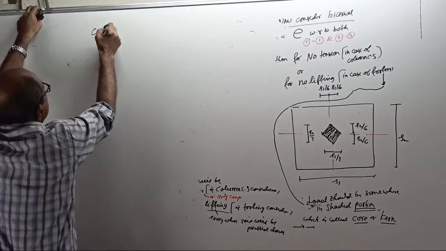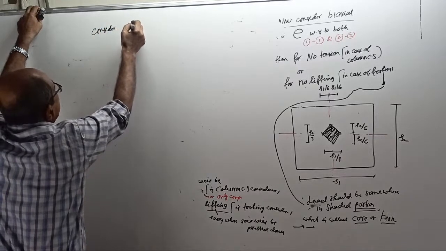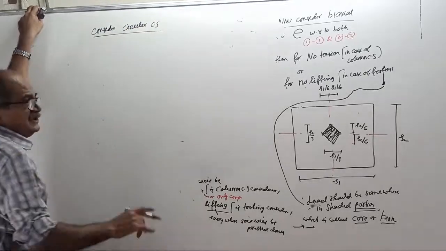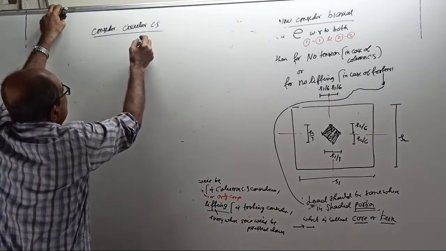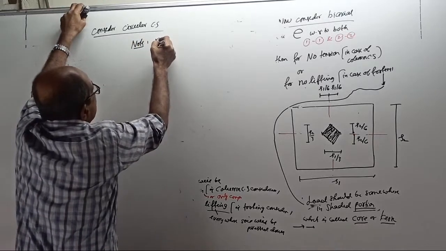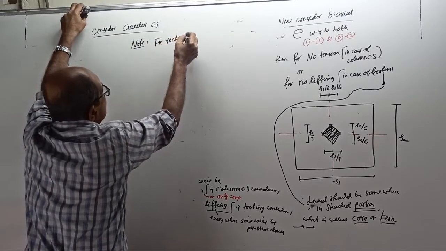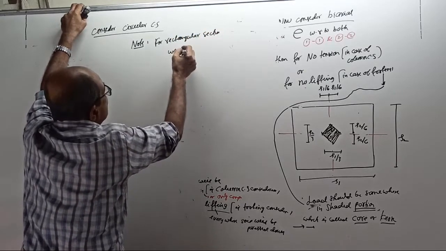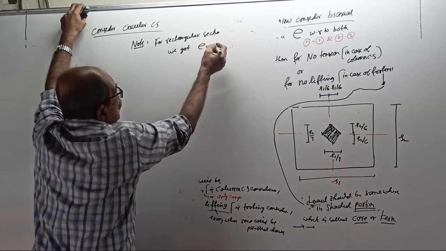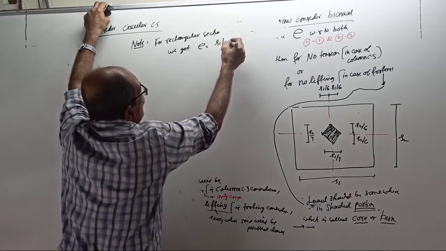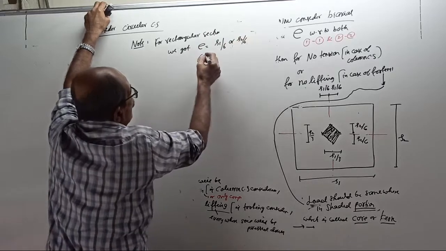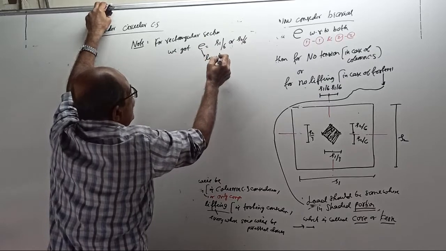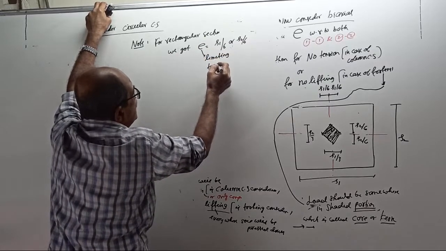Consider circular cross section. Standard case. Make a note. For rectangular section, we got E equal to 1 by 6 of S1 or S2 by 6. That is the limiting E for no tension.